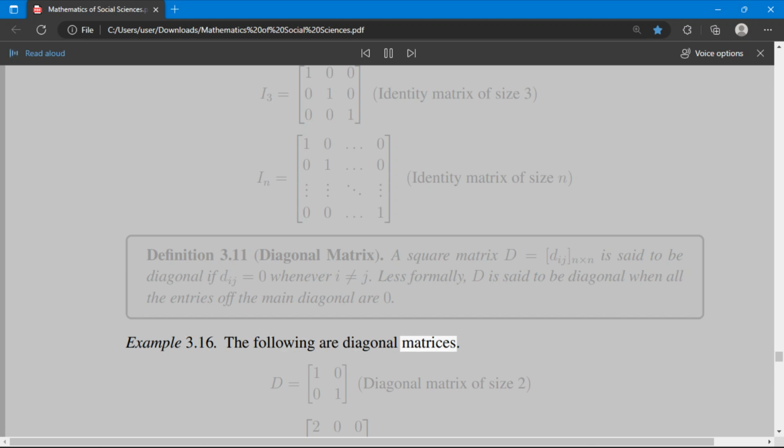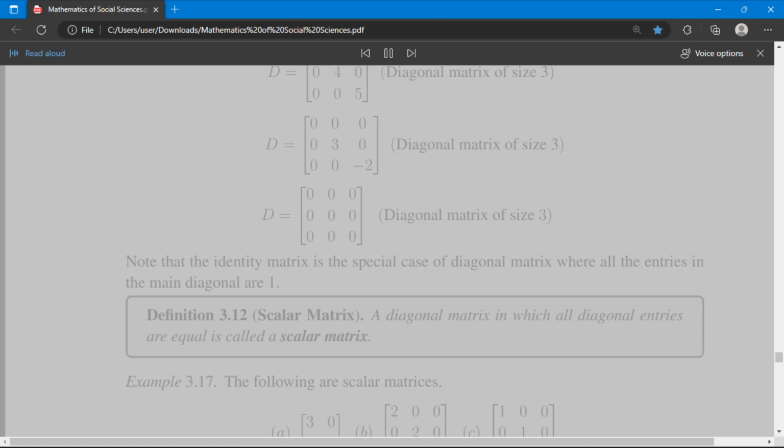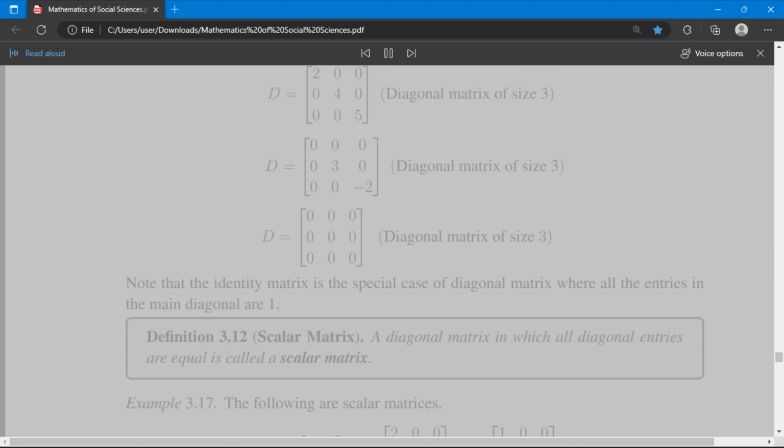Example 3.16. The following are diagonal matrices. D = [1 0; 0 1], diagonal matrix of size 2. D = [2 0 0; 0 4 0; 0 0 5], diagonal matrix of size 3.